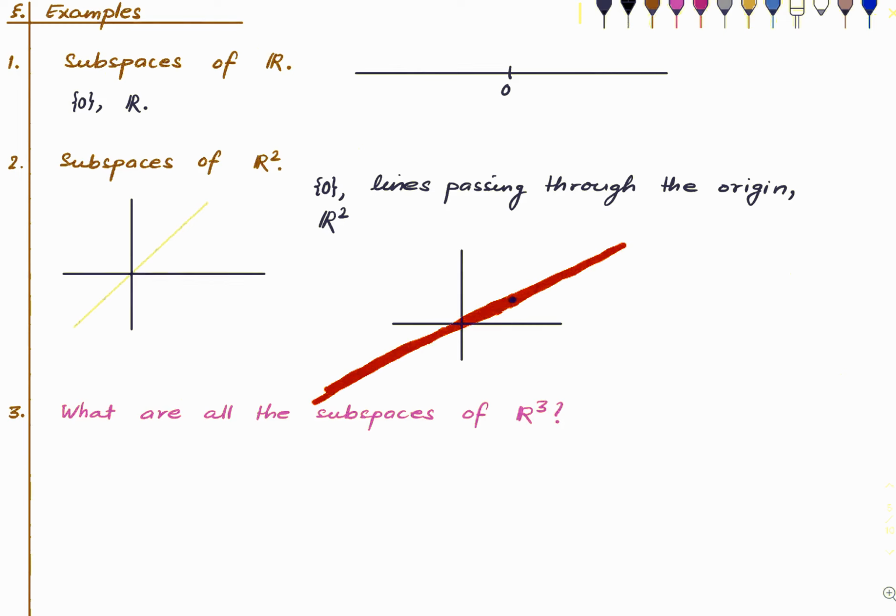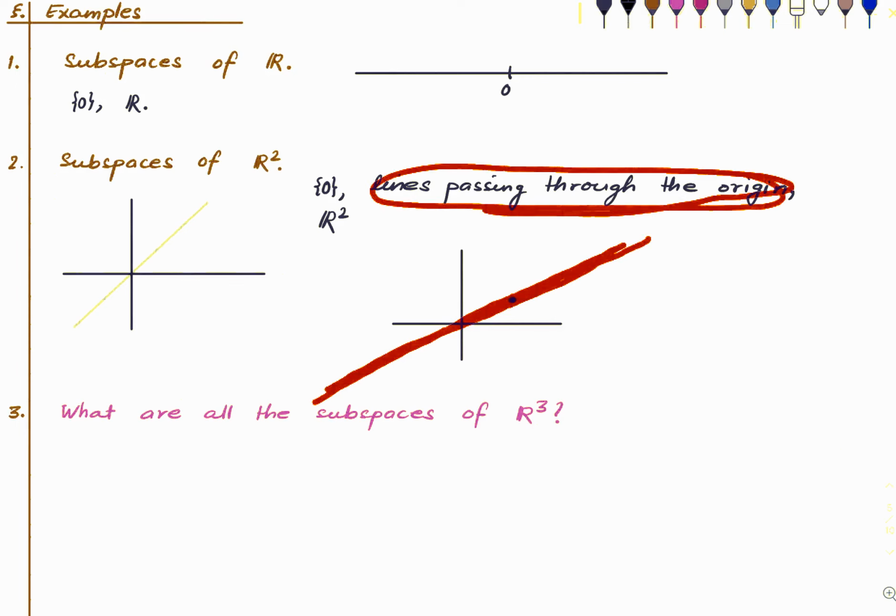Either this is the subspace, in which case we have already accounted for it, or there is some point outside this line in the subspace. Well, if that were the case, then first of all, all scalings of that point will also be in the subspace. And now, if we pick a vector on this line and a vector on this line, and add them, that will also be in the subspace.